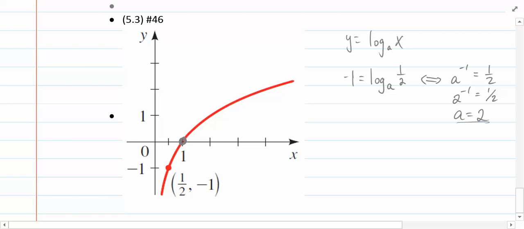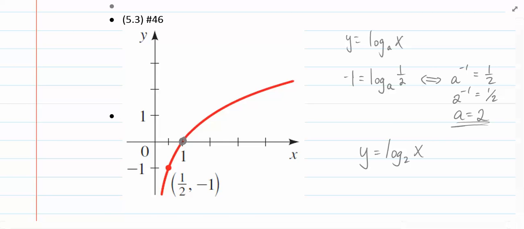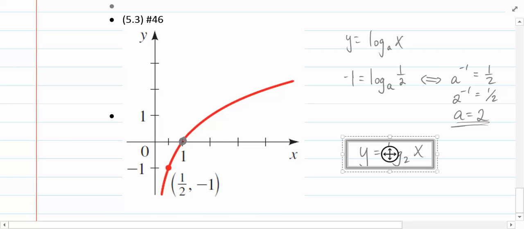So if a is equal to 2, then the equation y equals logarithm base 2 of x represents the equation for this entire graph. So think about those examples. We had 3 big concepts today.